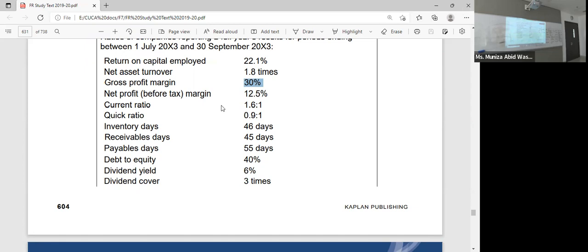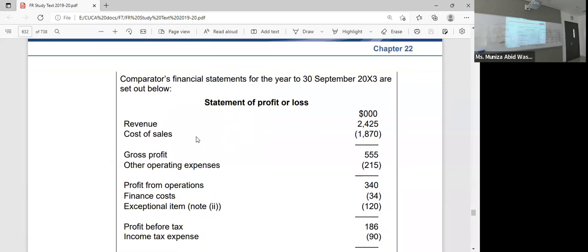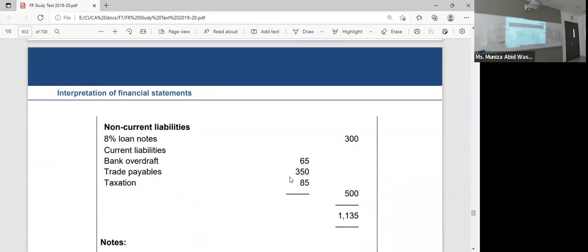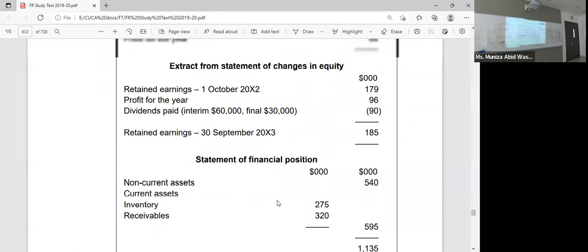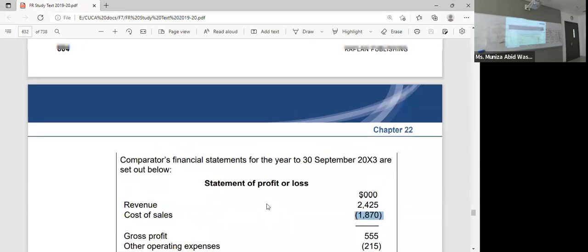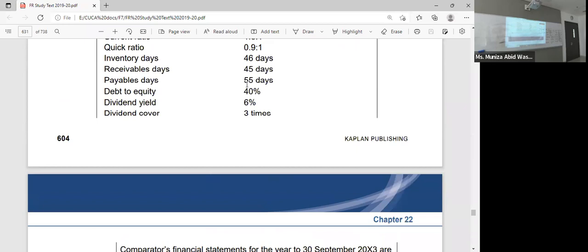Let's move to the other ratio, payable days. Trade payables are 350,000. 350 divided by cost of sales, 1870, since purchases are not given to us. So we are going to use the cost of sales. 68 days. Your payable days are 68.